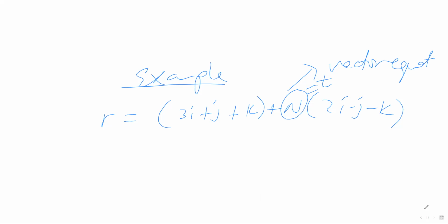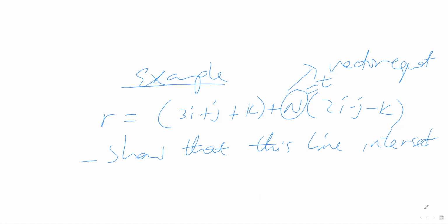In place of t, I've used mu, but it's the same thing. And the question is saying that we show that this line intersects the x-axis.